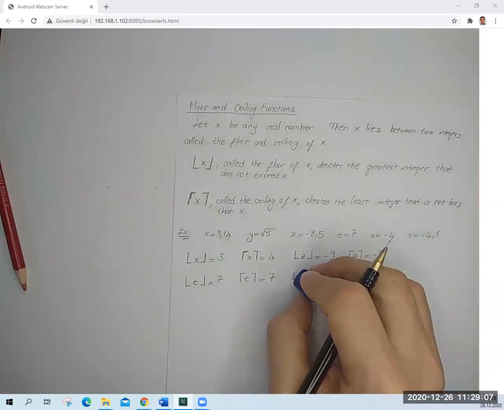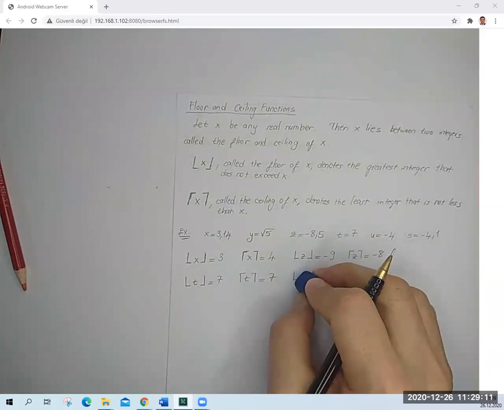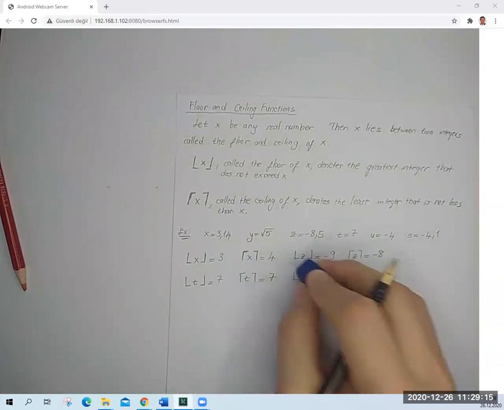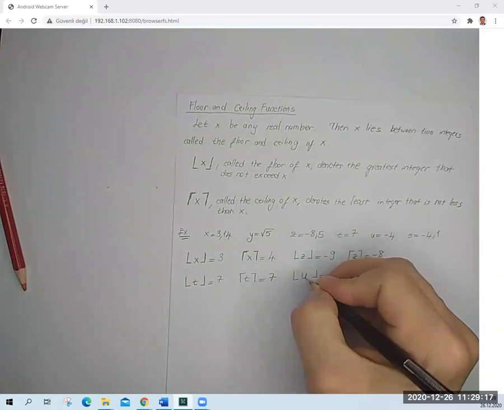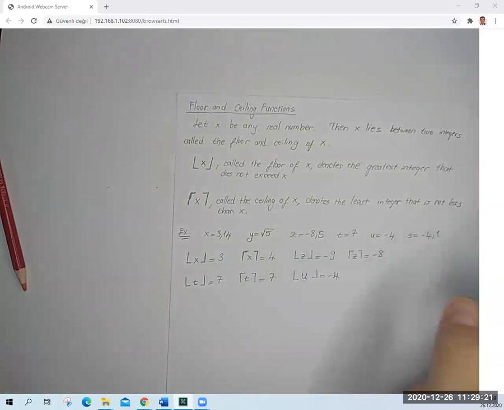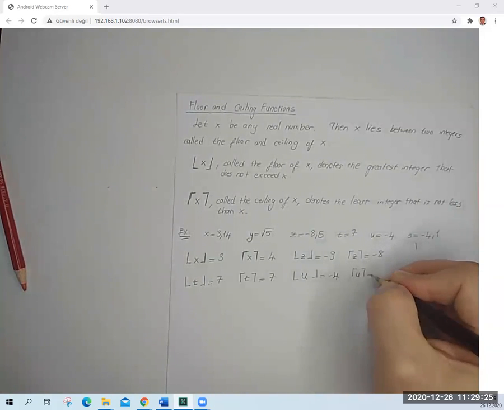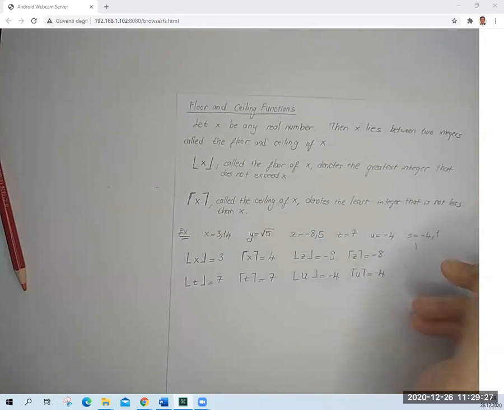And the ceiling of u is equal to minus 4. And the floor of s, what is that one?